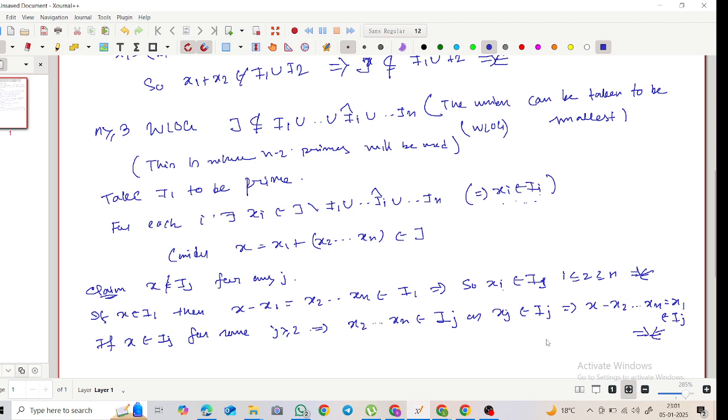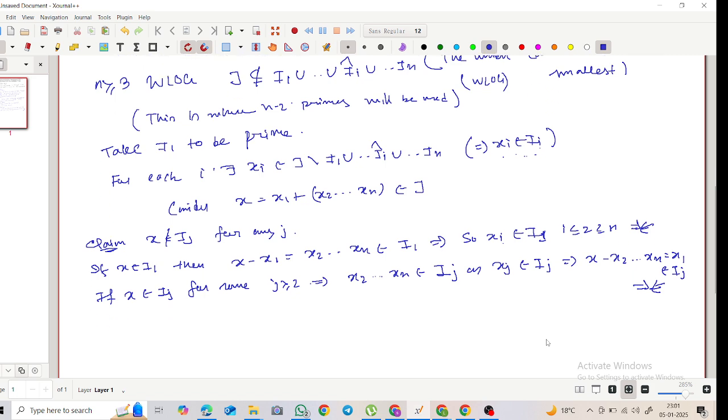Thus x is not in the union because x is not in any of them, which implies J is not contained in the union, which is a contradiction.